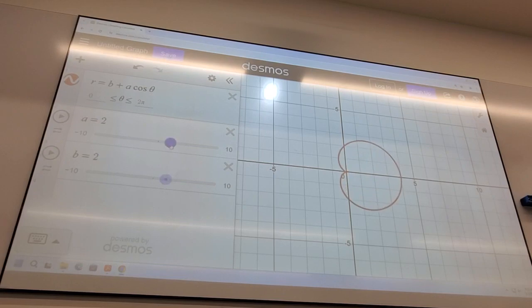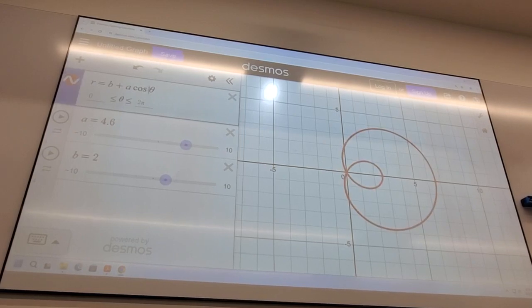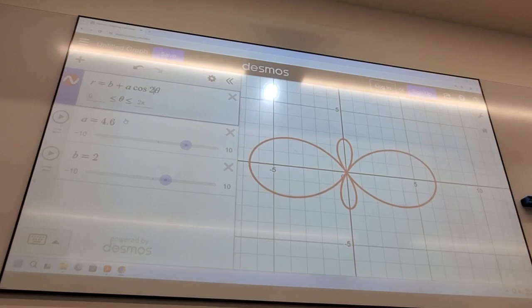This one controls which side you're on of the y-axis. See that? Now, at one point there's nothing internal yet, correct? And now, if I get to a certain point, there's an internal little loop. It seems like a bean with a flower growing inside of it. Let's see, if you put a 2 here.